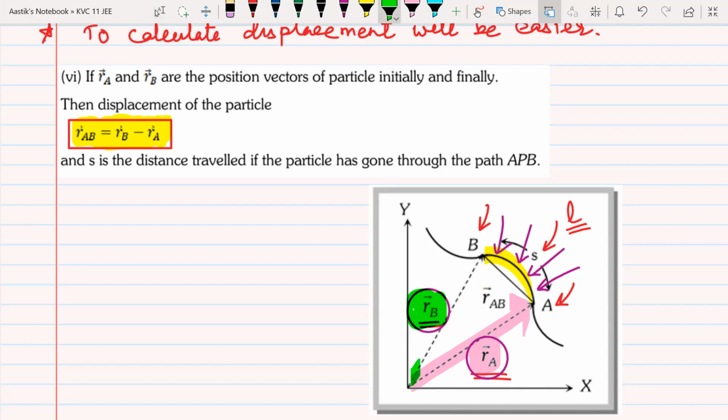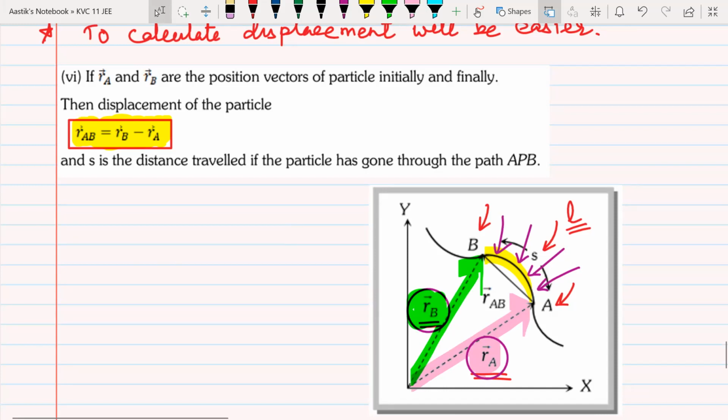The green one is like this. The green one is the final position vector minus the initial position vector, my dear friends. Is it clear now? Yes, sir. So to calculate displacement is going to be easy, but to find out distance, we might land up in trouble. Do we understand this? Yes or no?